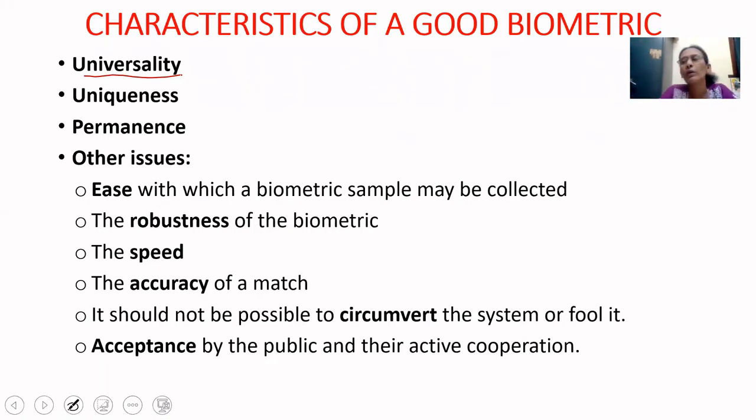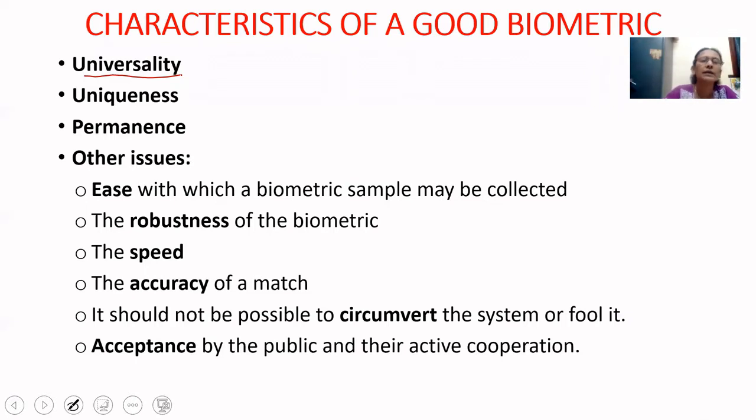This may not always be possible. For example, suppose we are taking voice recognition as our biometric, then from a dumb person we will not be able to take a voice sample. So universality means all humans should be able to contribute a sample of the biometric.